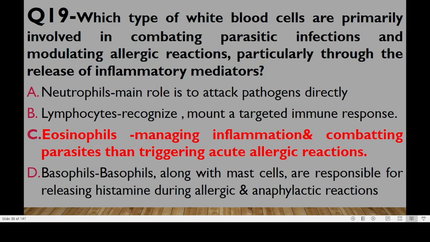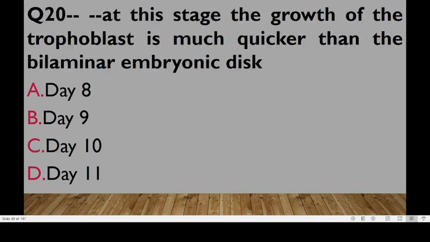Basophils, as we know, along with mast cells, are responsible for the release of histamine during allergic and anaphylactic reactions, while lymphocytes help in recognition and mounting a targeted immune response. Lastly, neutrophils have their major role in attacking the pathogens directly, that is, facilitating the process of phagocytosis.